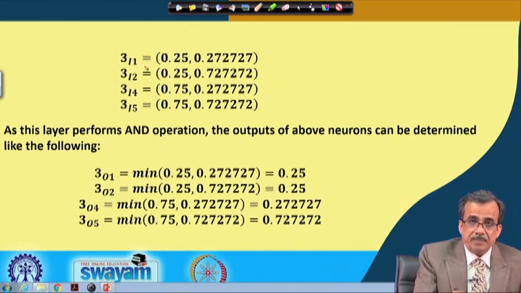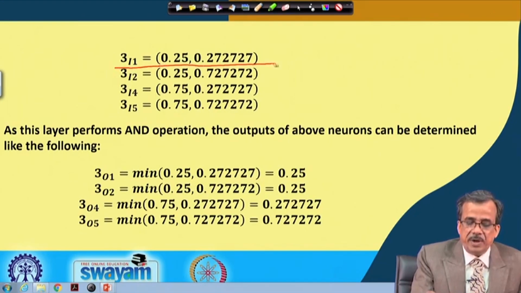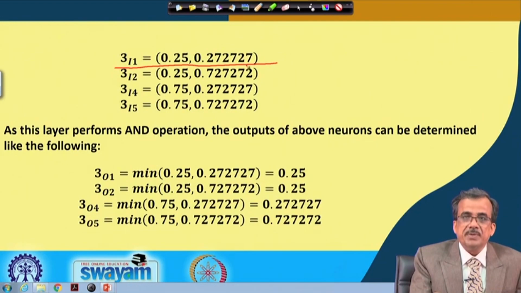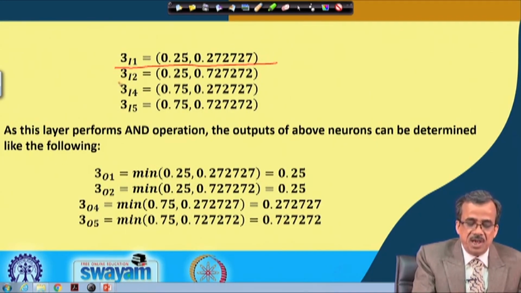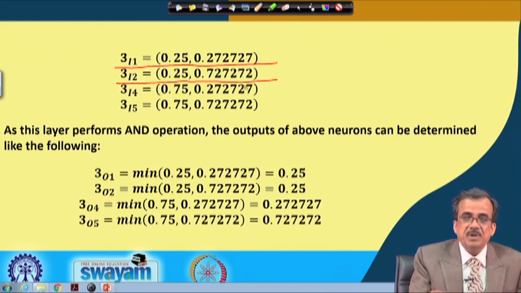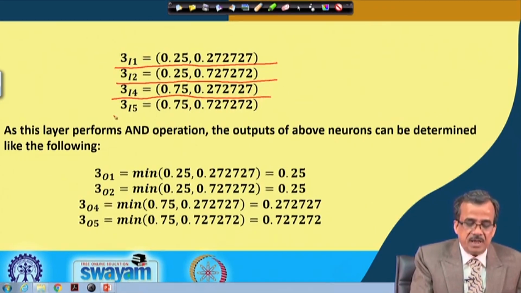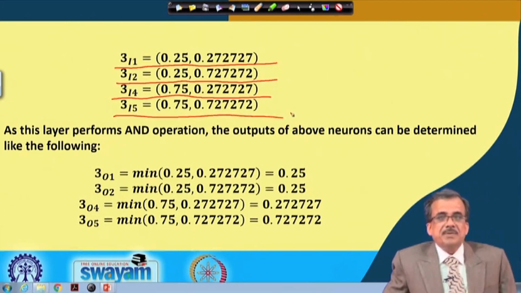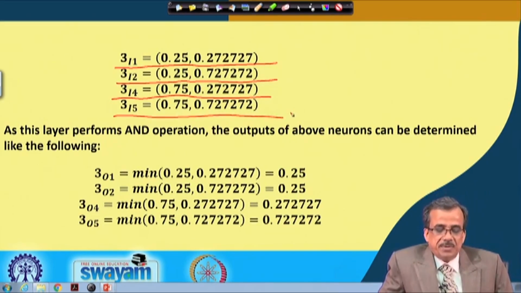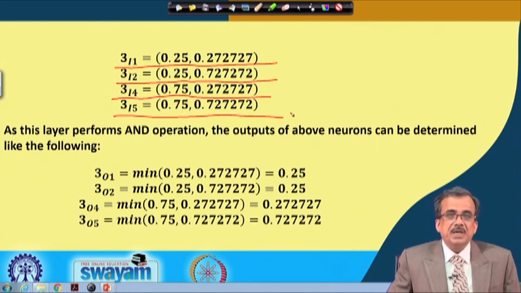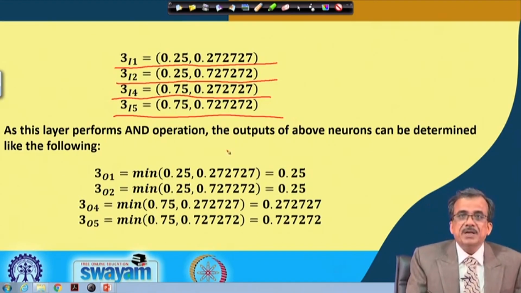So, 3I1 is nothing but the 2 mu values, that is 0.25 and 0.272727, then 3I2 is 0.25 and 0.727272, then 3I4 is 0.75 and 0.272727, and 3I5 is 0.75 and 0.727272.